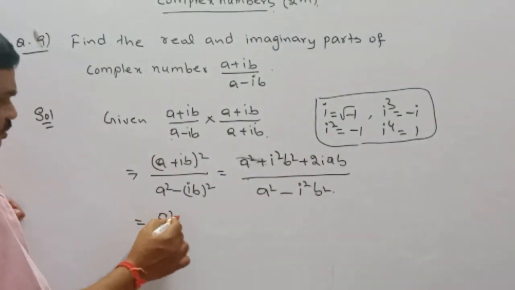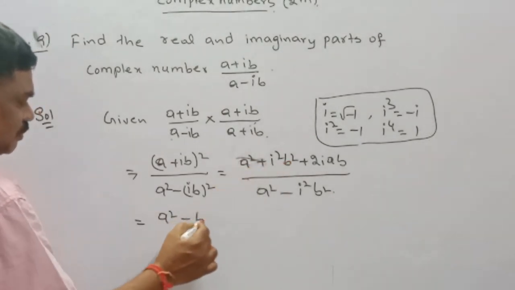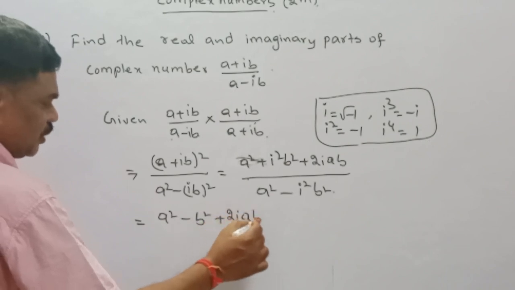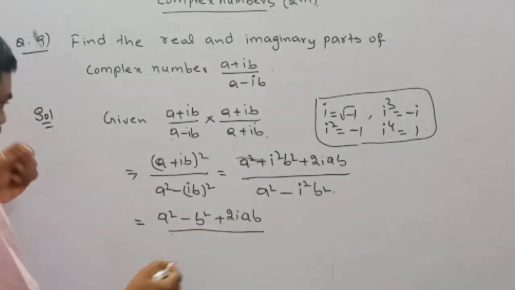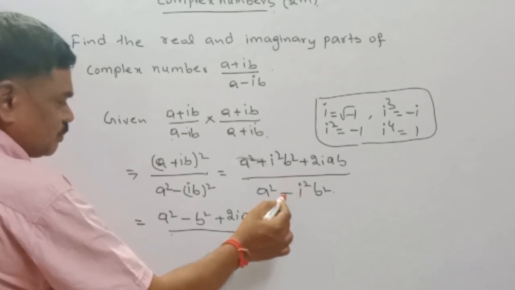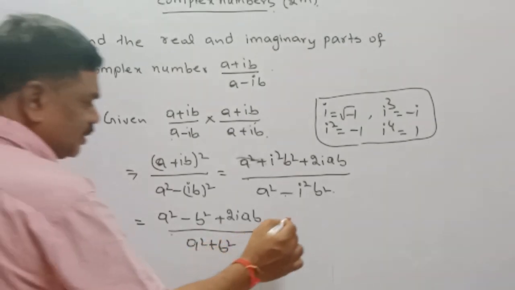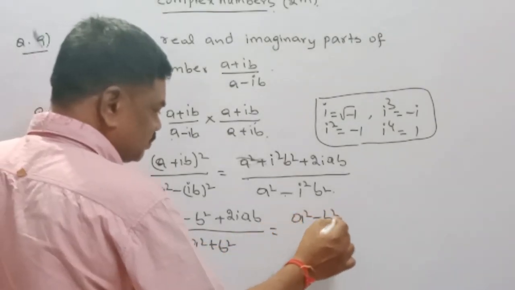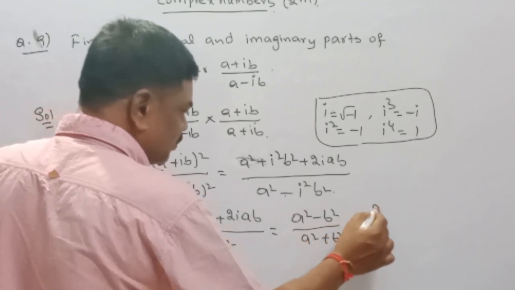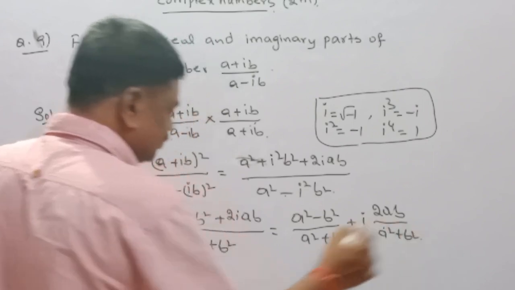So a square minus 1 into b square, minus b square plus 2i ab by denominator, this is i square minus 1 into minus plus, so a square plus b square. So this can be written as a square minus b square by a square plus b square plus i into 2ab by a square plus b square.